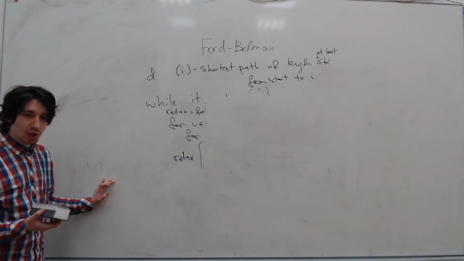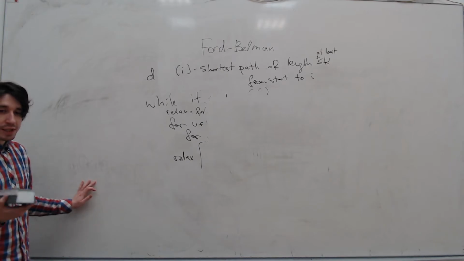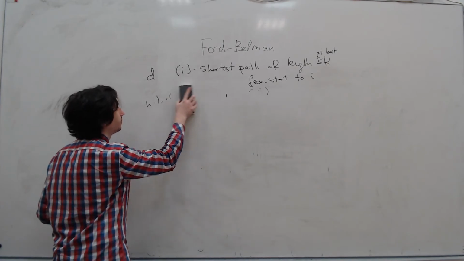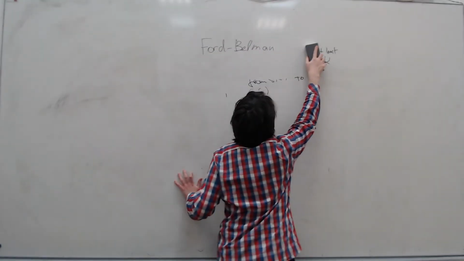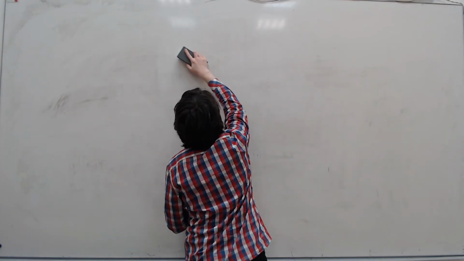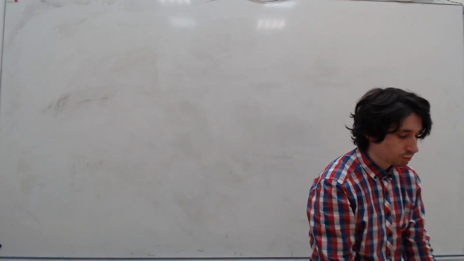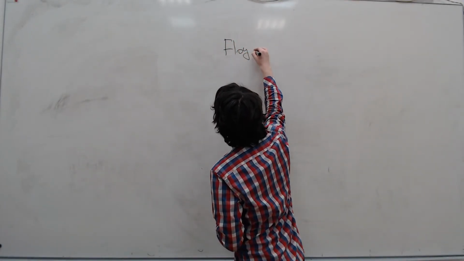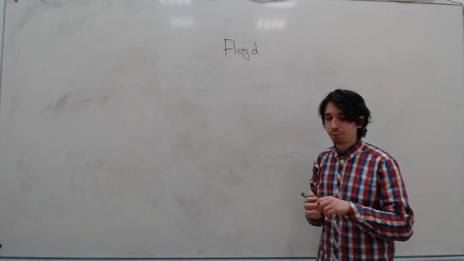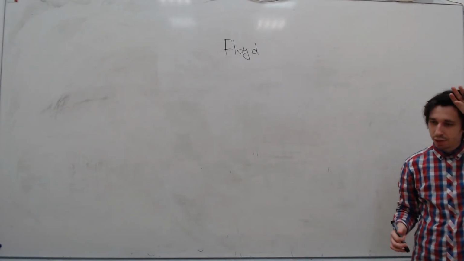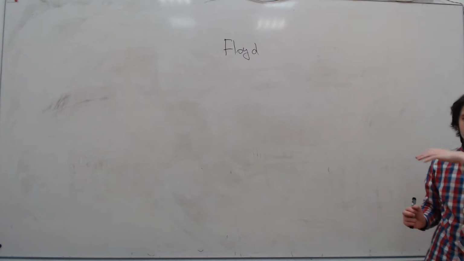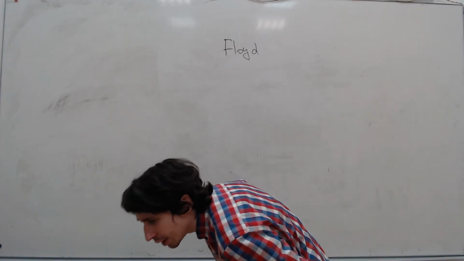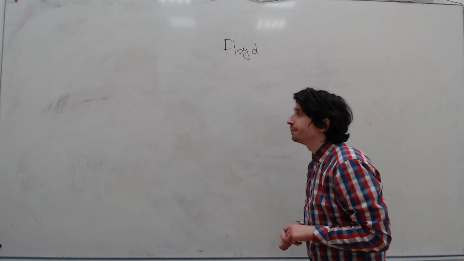However, sometimes we want to find the distances between all pairs of vertices at the same time. There comes the Floyd algorithm. This algorithm is pretty simple to write, but it is not very simple to prove. So I will try to give you an intuition, but if I fail, sorry.